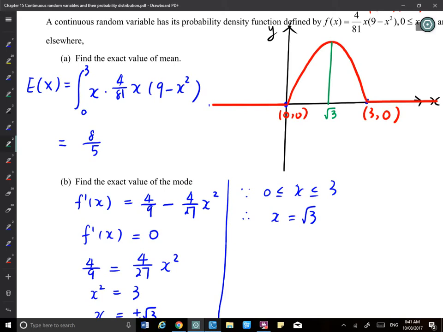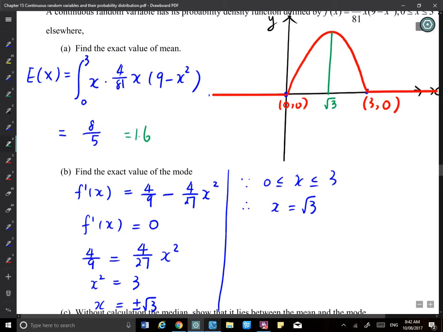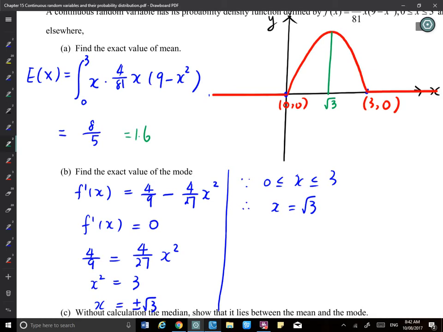What's 8 over 5? That's 1.6. How about root 3? Approximately 1.73. Okay, 1.732 is root 3. The 3 values you need to know are root 2, root 3, and root 5, the approximate values.